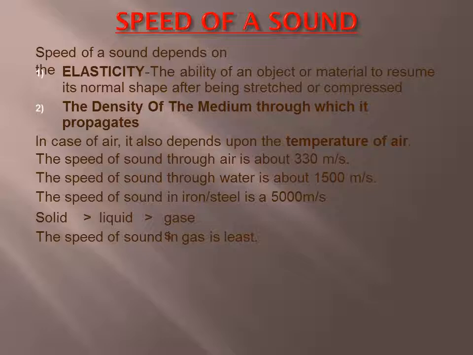That means the train is 5 kilometers away from you, but you can still hear it. That means sound travels faster in iron and steel. So this was all about the speed of sound.